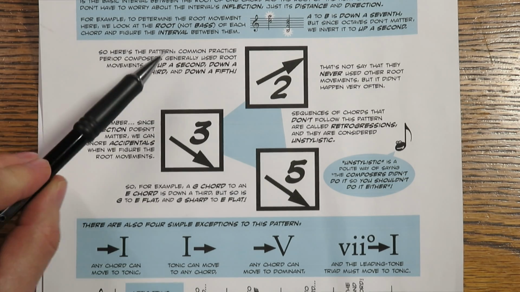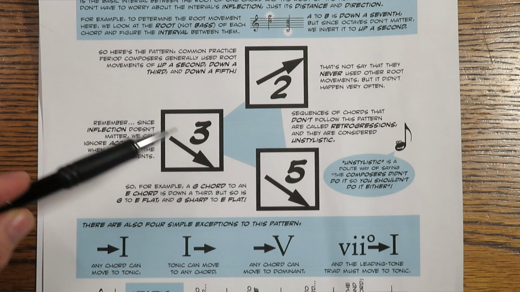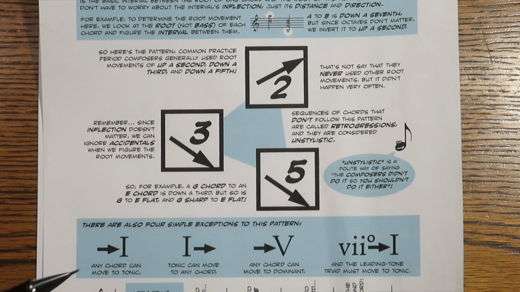You can go up a second, down a third, or down a fifth. Okay? So it's a pattern that works, and it follows the common practice period style of writing pretty well, and not as strictly as the other from the book.